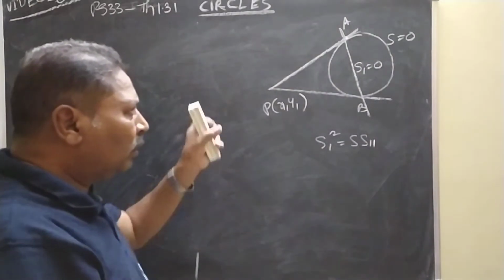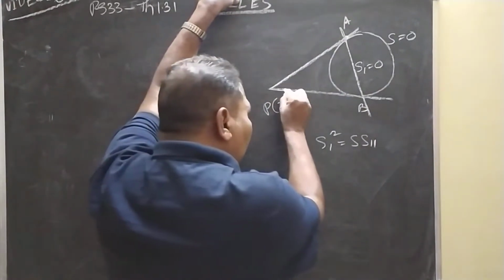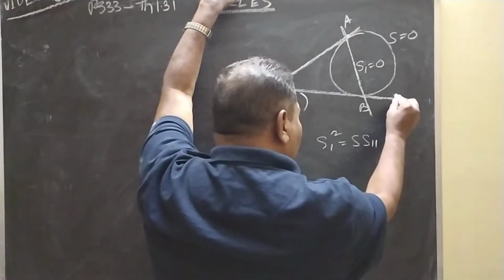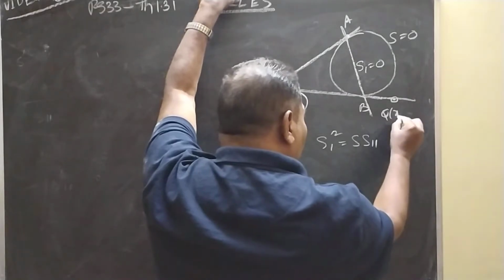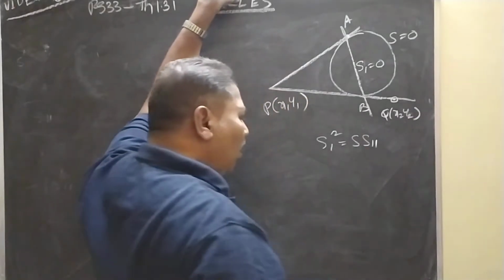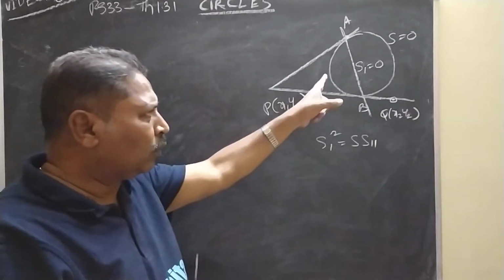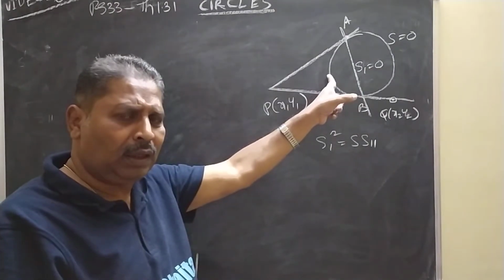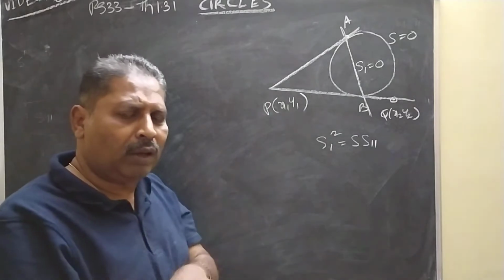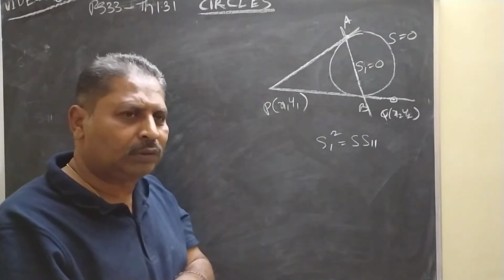So take any point on the pair of lines. S = 0 is the given circle. P(x1, y1) is an external point.